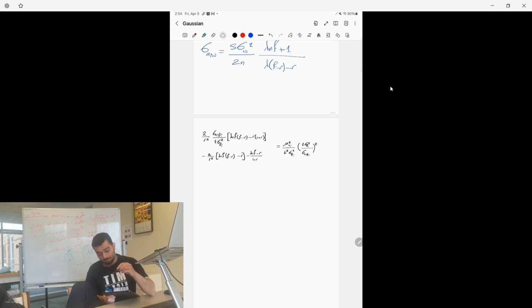Let's multiply it by r squared, 1 plus r, 1 plus r squared. We will have 2 lambda n f minus r, 1 plus r.